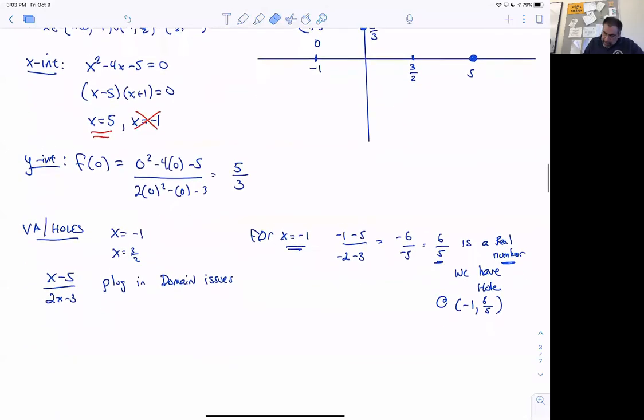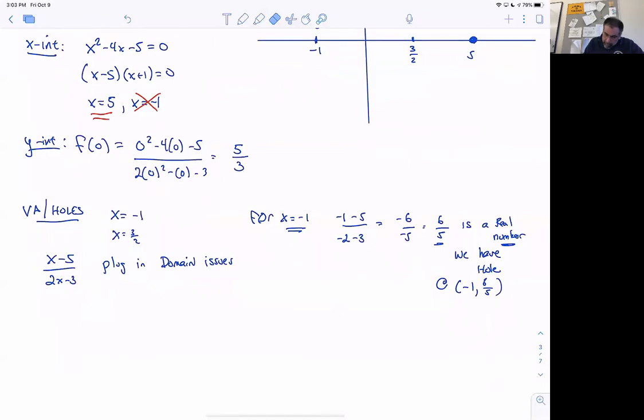Now, if we do the exact same process for x equals 3/2, this time I'm going to get 3/2 minus 5 on top, and I'm going to get 2 times 3/2 minus 3 on the bottom. That's going to turn into 0 on the bottom. The top is going to be 3/2 minus 10/2, so we're going to end up with -7/2.